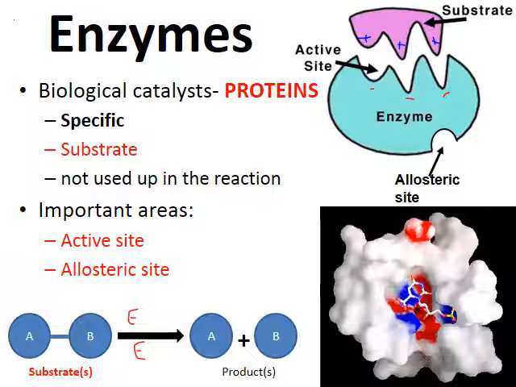Down here at the bottom right, we see what looks like a cloud, but that's actually the surface rendering of a protein, an enzyme. Okay, and in the middle, in this section right here, you can kind of see the active site of this particular enzyme. And sticking in that active site is the substrate molecule.